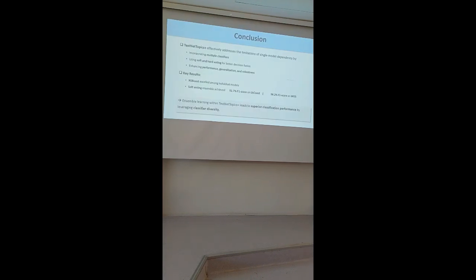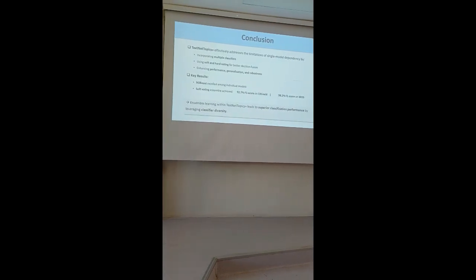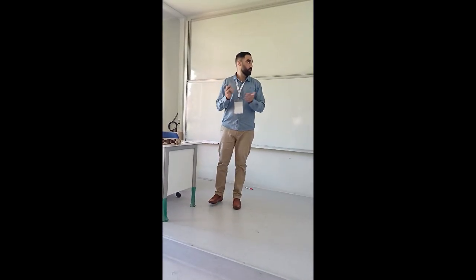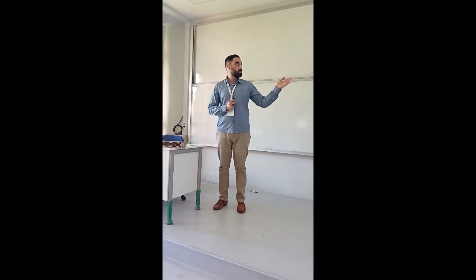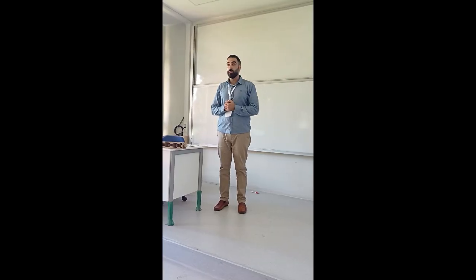As a conclusion, in this study we have proposed an enhanced approach called TextNet Topic Class, which addresses the limitation of a single model dependency on TextNet topic, the original one, by integrating multiple classifiers and incorporating 2 voting schemes. Finally, ensemble learning with TextNet topics leads to superior classification performance by leveraging classifier diversity.